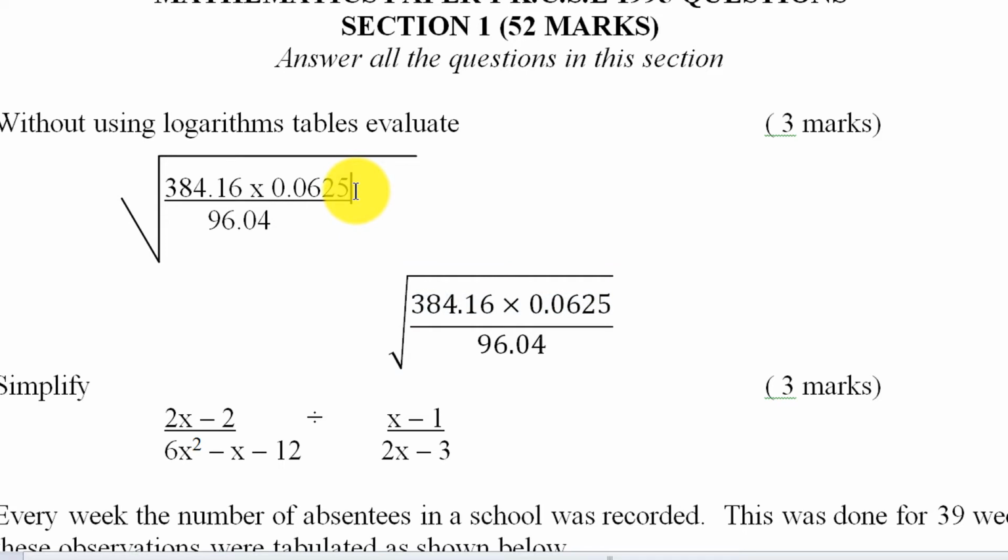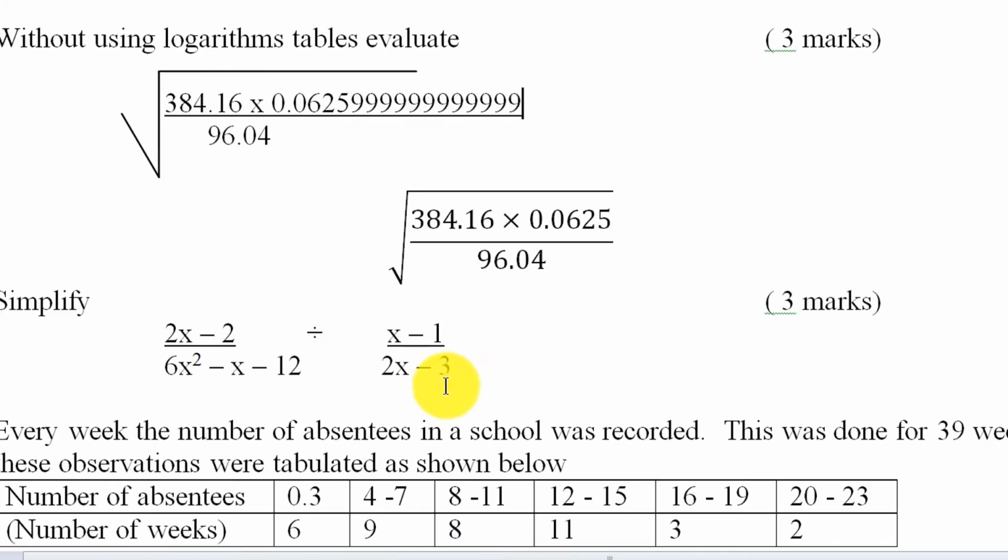If I continue putting more numbers, you can see the square root sign does not expand together with the numbers as I type them. It means that it was not done the right way. So that is how you would deal with the square root sign and fractions which are inside the square root sign. Let's go to this other expression.